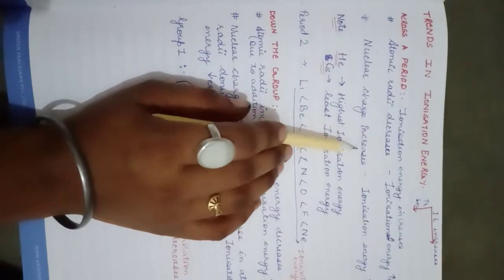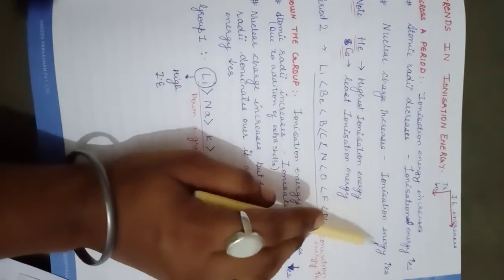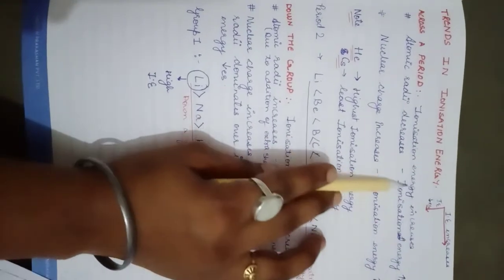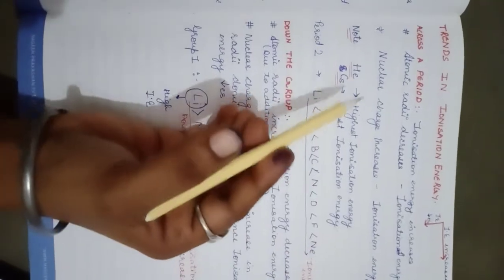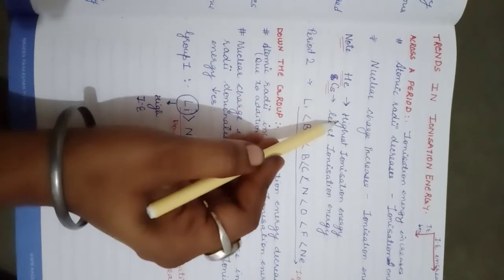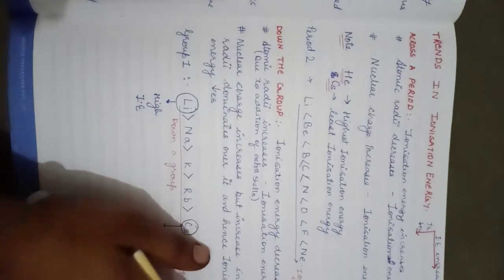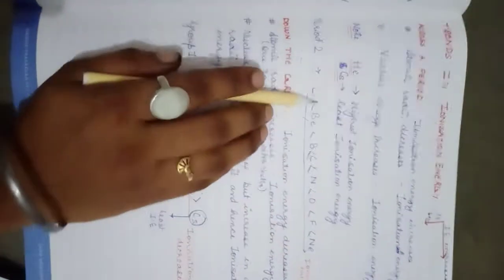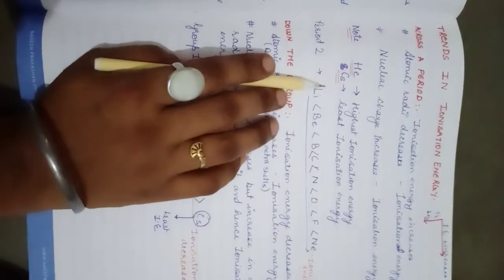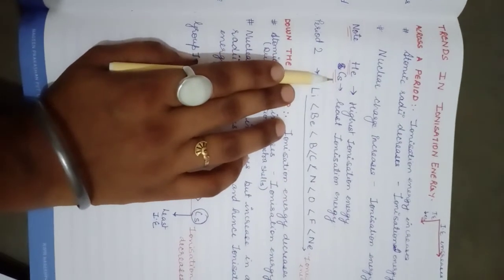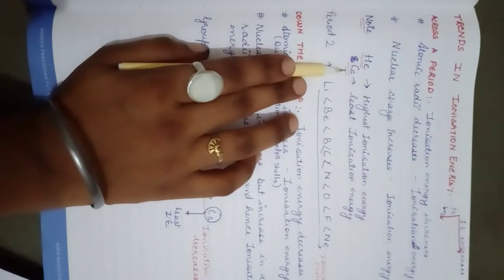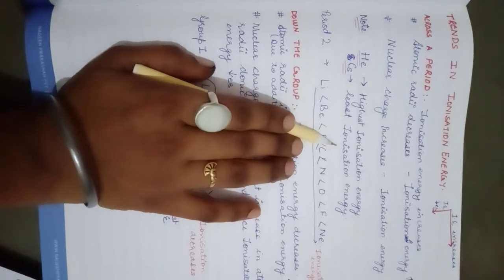Size decreases, nuclear charge increases, electrons are firmly held, hence across the period overall we can see that ionization energy increases. There is a note that we have to remember, that helium is such an atom which has highest ionization energy of all the elements present in the periodic table, and cesium is a metal which has least ionization energy. That means its atomic radius is too large, that the outermost electron is very far and has a poor attraction towards the nucleus, hence it can be lost very easily.